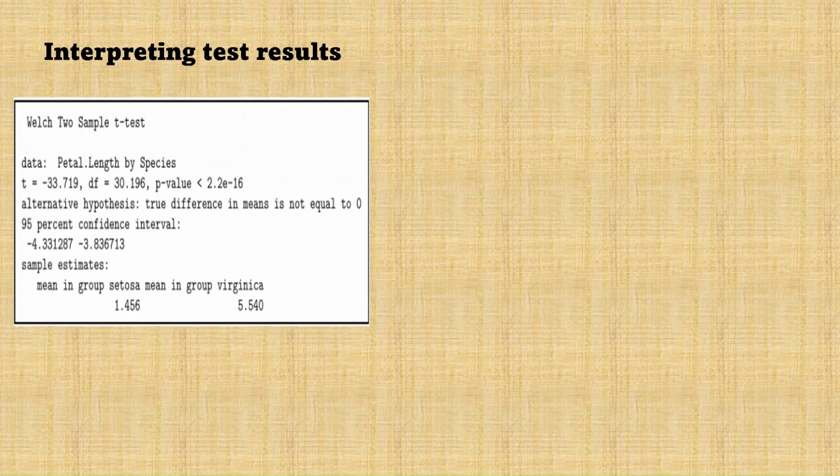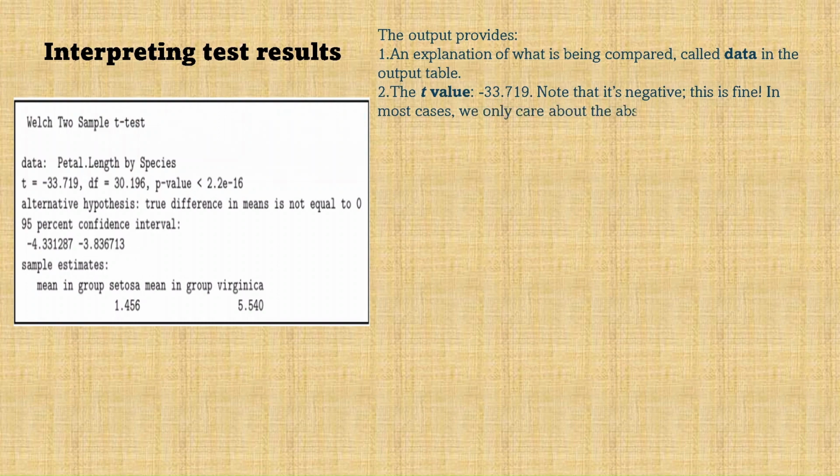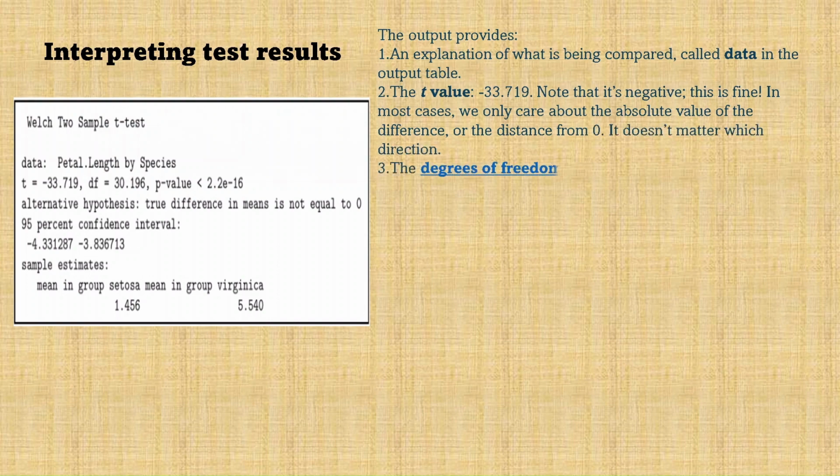The output provides an explanation of what is being compared, called data in the output table. The t-value, minus 33.719. Note that it's negative, this is fine. In most cases, we only care about the absolute value of the difference, or the distance from zero.